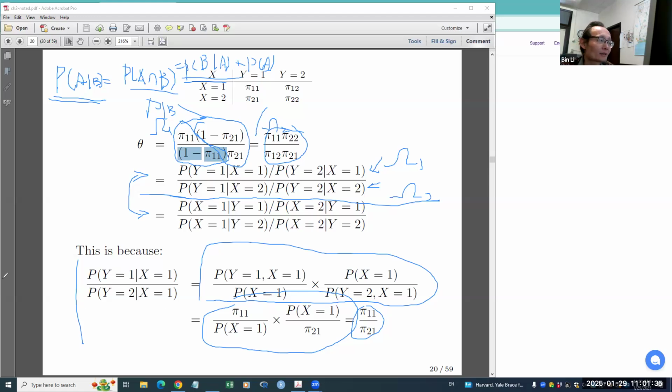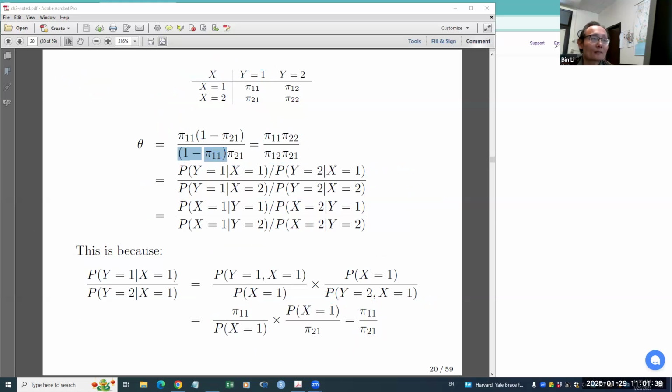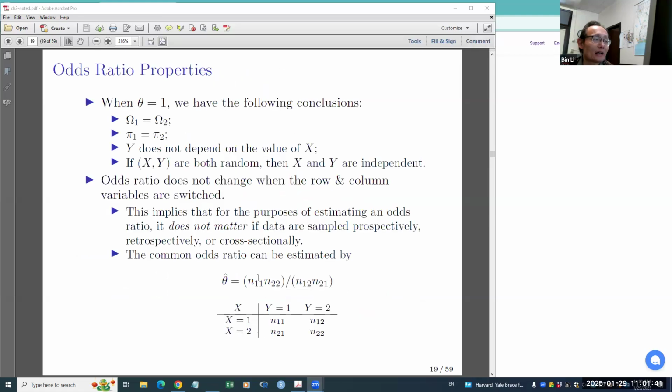Okay, so that tells us for the odds ratio, the X and Y, it doesn't matter. We can switch X to Y, Y to X, and it's still the same. So that means if the row sum is fixed, we can only estimate one type of conditional probability, but it doesn't matter.